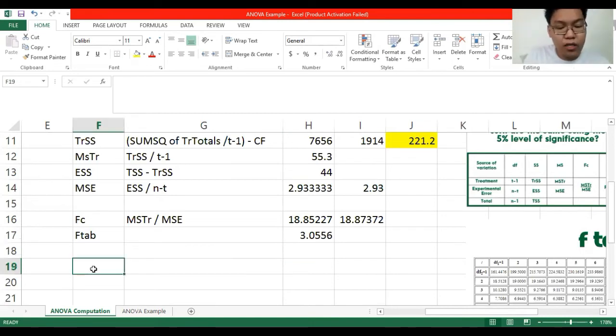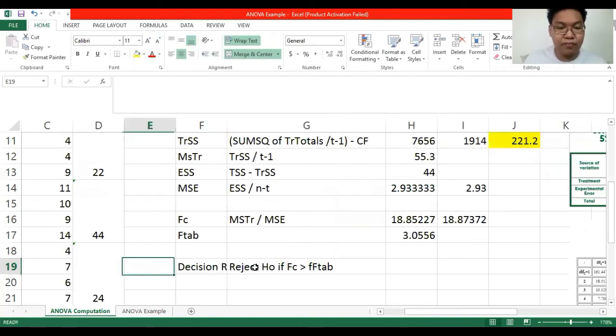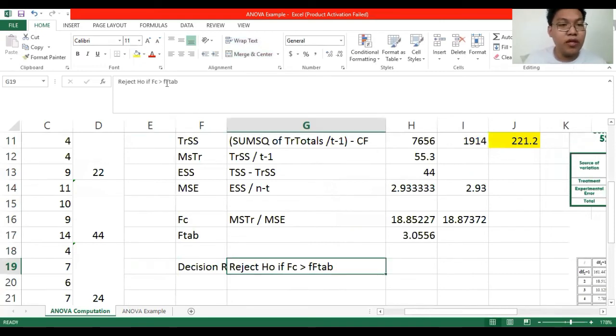Now, what is our decision rule? The decision rule, as we've discussed in our past videos, is to reject the null hypothesis if FC is greater than F tab.